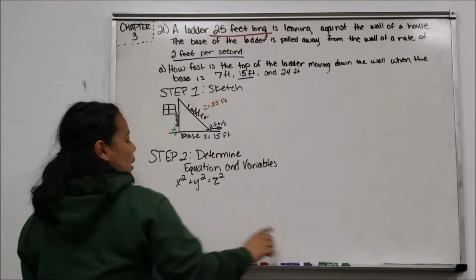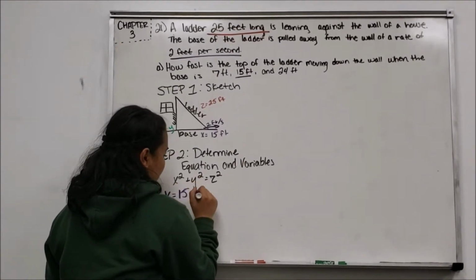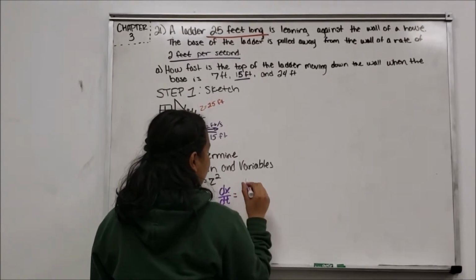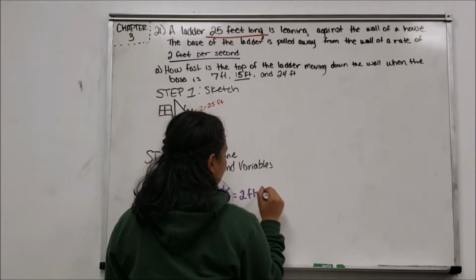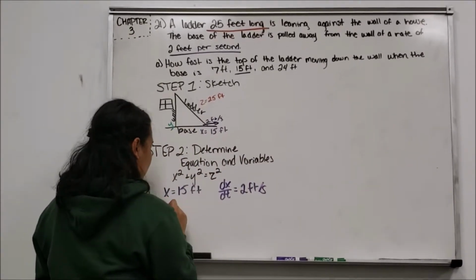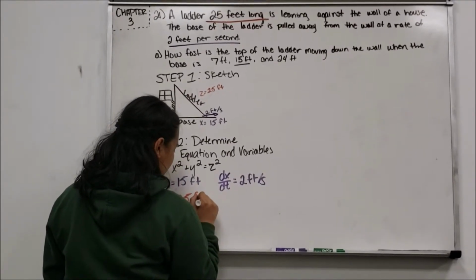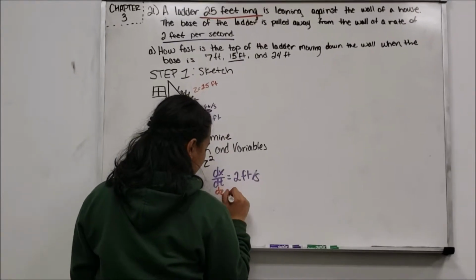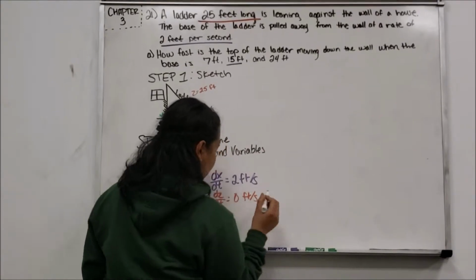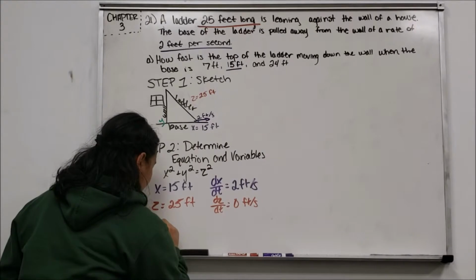Now our x equals 15 feet. Our dx dt equals 2 feet per second. Our z equals 25 feet. Our dz dt still equals 0 because the ladder is not changing. And now we have to find our y.